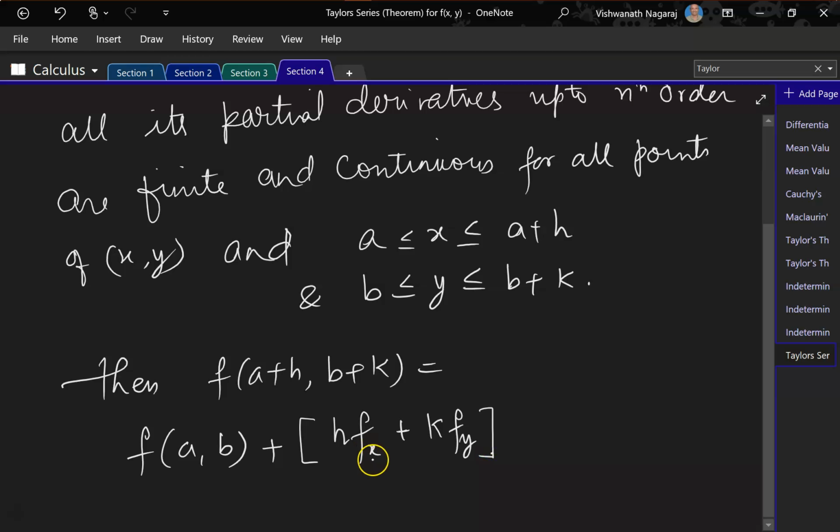Now here this x stands for the first partial derivative, in this case with respect to x.